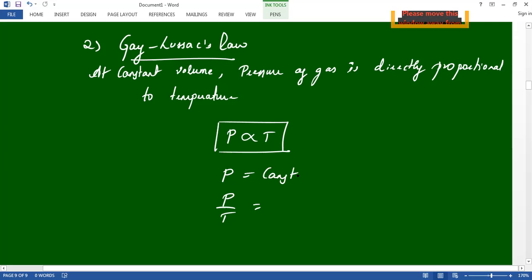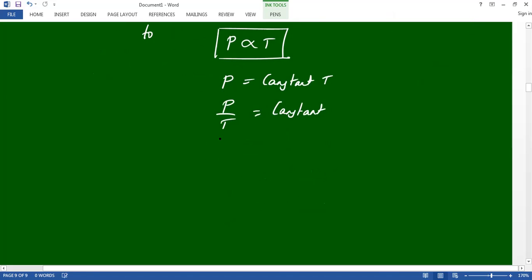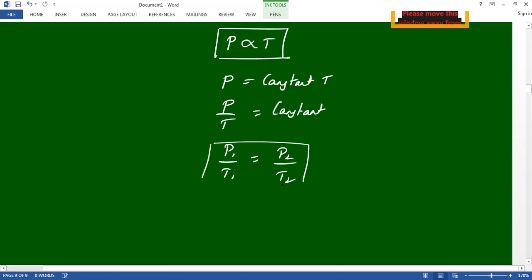Also we can write the formula P1 by T1 is equal to P2 by T2. This is another formula which can be used with the help of Gay-Lussac's law, and we'll draw the graph of this.